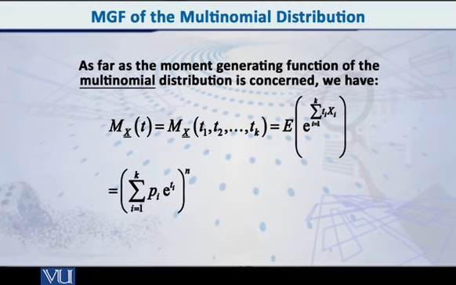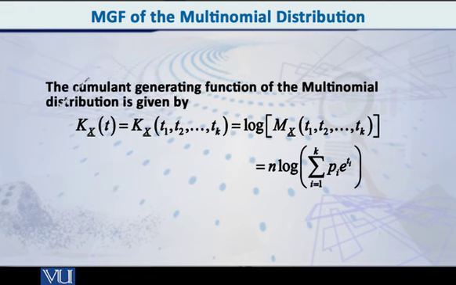And for the multinomial distribution, this thing is equal to summation pi into e raised to ti, and the summation is for i going from 1 to k, and this entire expression raised to n. All right, summation pi e raised to ti whole raised to n.